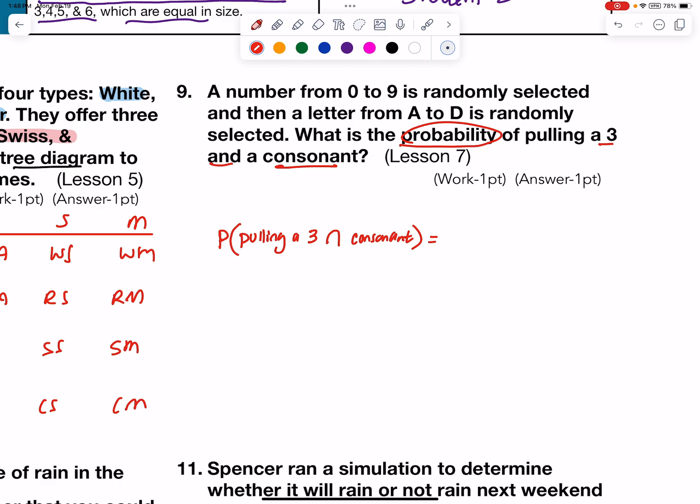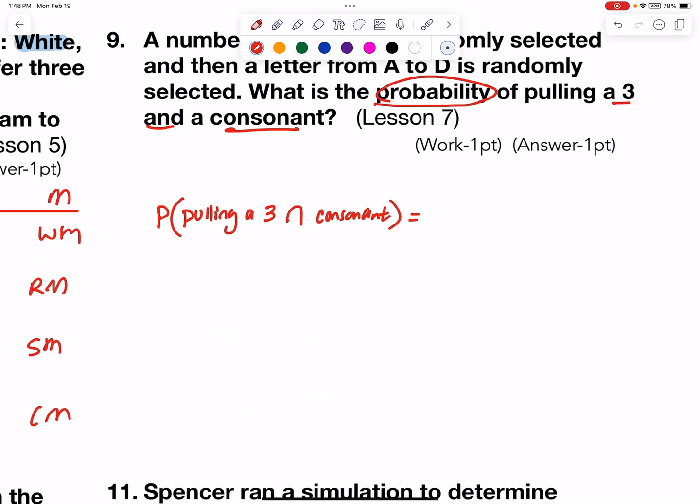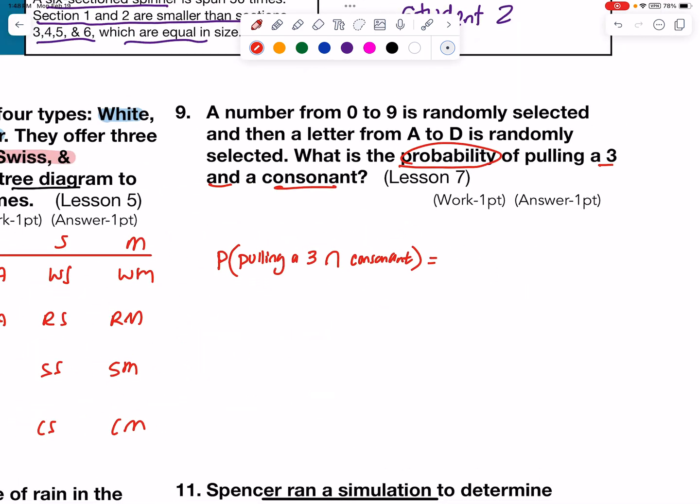All right, now you could do a tree or table to see all the outcomes and then find that probability, or you can do the math work of the probability formula that I showed you, and that is the probability of A times the probability of B.